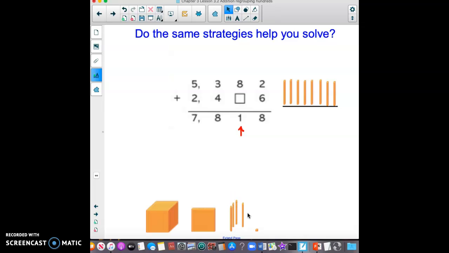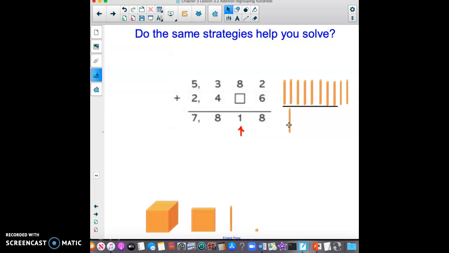So from our 8 tens, we needed to figure out what other number has 1 10. Here's 9 tens, 10 tens, 11 tens. 11 tens has a special name. If I group them with the 10 tens together, that's 100.